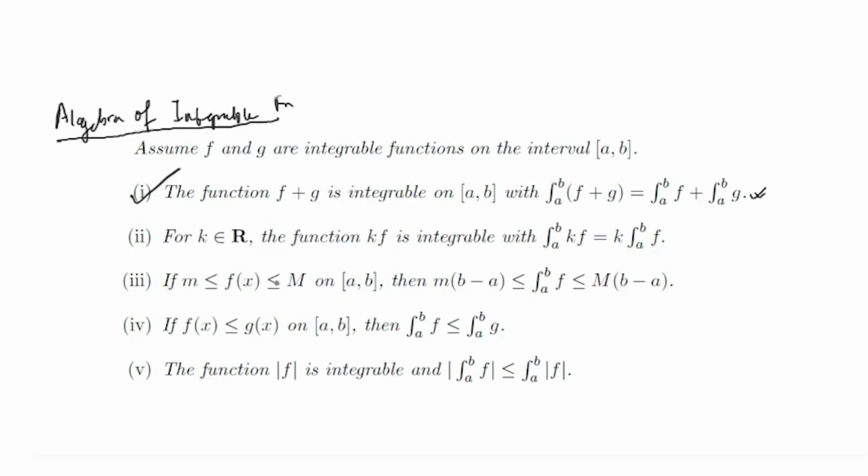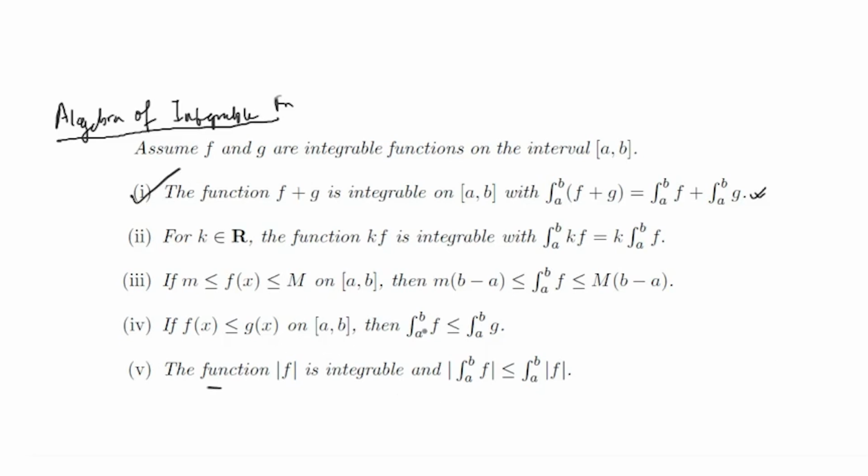If f is between the maxima and minima, observe this is true. This is very easy to understand. Why? Because it's like telling f(x) is less than or equal to M and greater than or equal to m. So therefore, you can just do integration. This is less than or equal to M times the integral of 1 dx, that is b minus a. That is understandable, right?